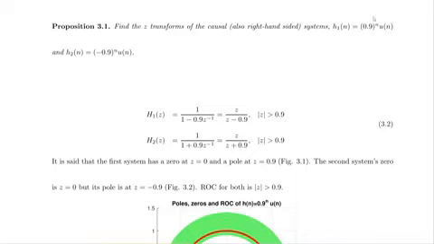Right-sided signal being plus 0.9, and the second one minus 0.1, again right-sided or causal.